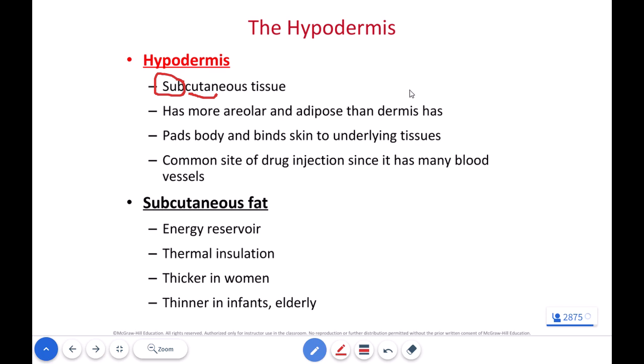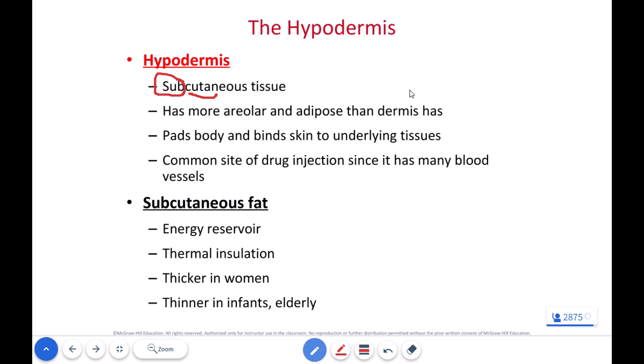Depending on your body composition, we'll typically have areolar and adipose tissue. Most individuals, particularly most Americans, will have a lot of adipose tissue present and not that much areolar tissue present. You can think of the adipose tissue that's present in the hypodermis as just a storage location.